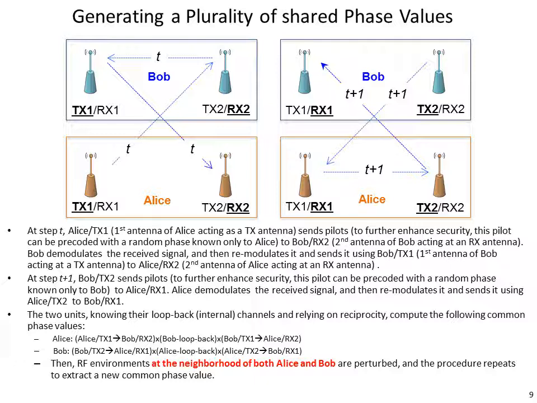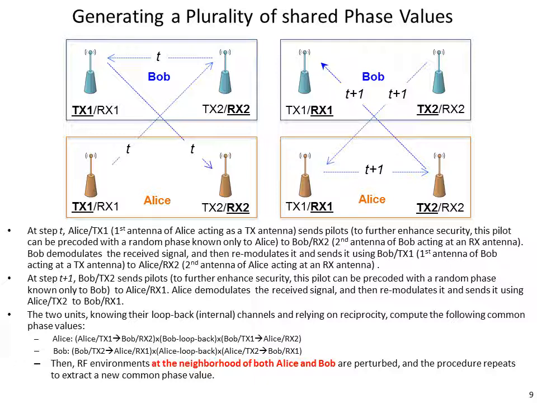and the other important point is that by doing this trick, by using two antennas and by changing the role of those antennas, each legitimate antenna is used to transmit only once.